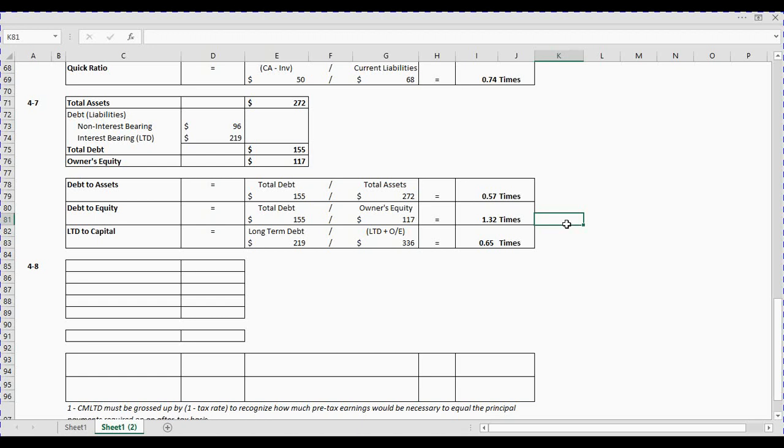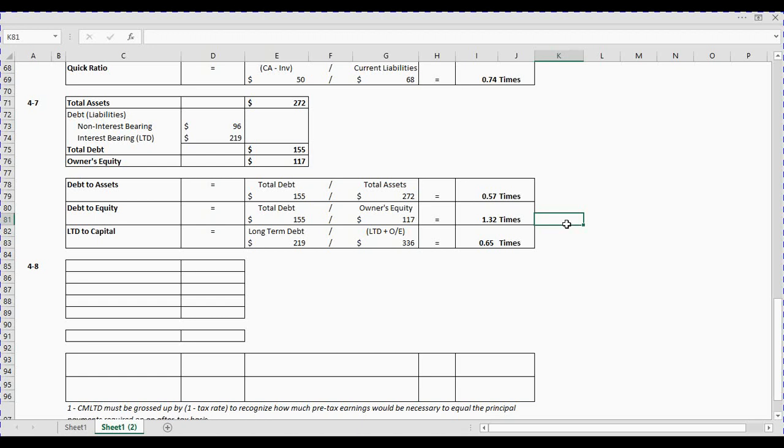So banks generally have about 10 times as much debt as they do equity, and that's because they have all of those accounts with them. That's an example of an extremely high debt to equity.